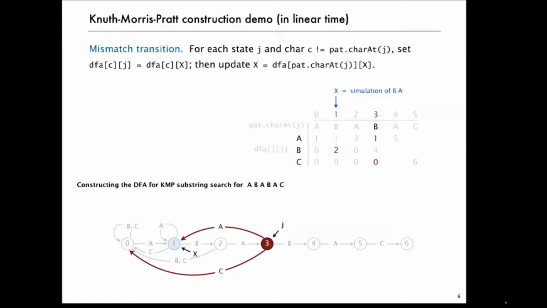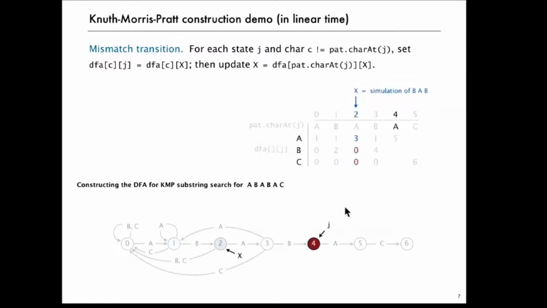Of D, X goes to state 2. And again, you can check what X is supposed to be. It's supposed to be where you would be if you started the machine on the pattern with the first letter cut off. So it's supposed to be where you wind up if you got BAD.